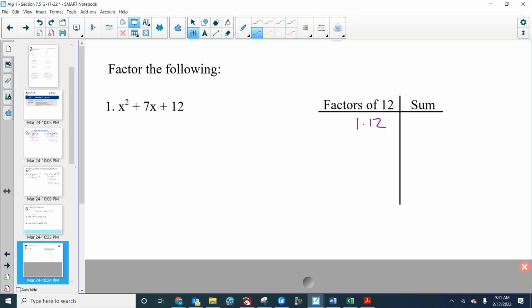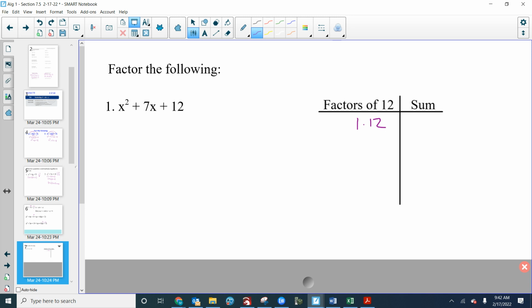Now, here's another thing too. Watch up here. If I have a plus sign right here, this means multiplied, right? That if I have a plus sign, that means either both numbers are negative or both numbers are positive. And this tells you right here they're both what? They're both positive. Does that make sense?